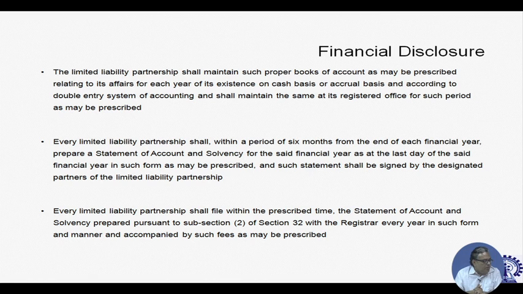Then the limited liability partnership, within a period of 6 months from the end of each financial year, needs to prepare a statement which is called a solvency statement. That means your liabilities are not such that you have eroded your net worth and are unable to carry forward the business.